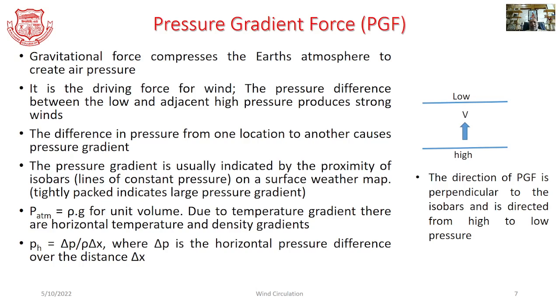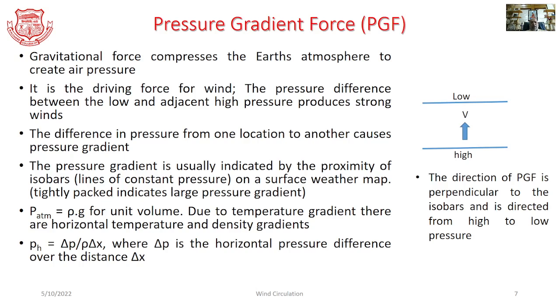So that isobar can be defined as lines joining the stations having the constant pressure, very similar to our contours. So on the surface weather map, the tightly closed isobars will be showing large pressure gradients.